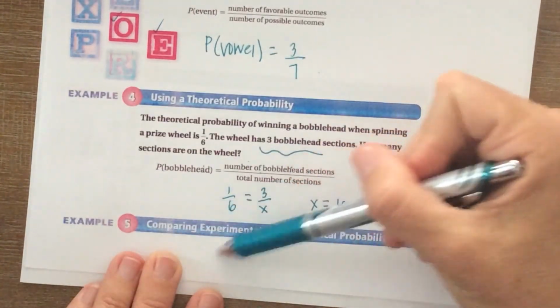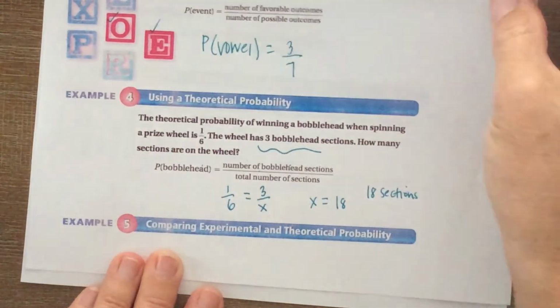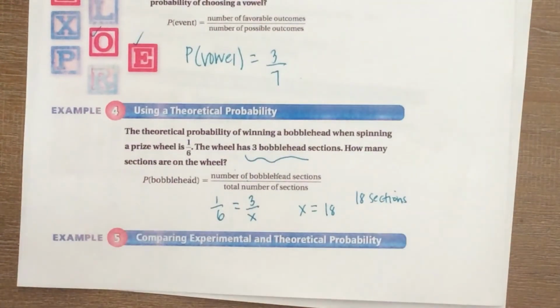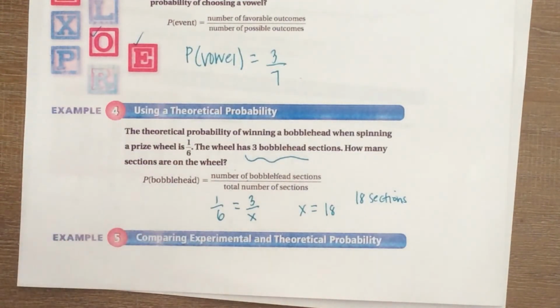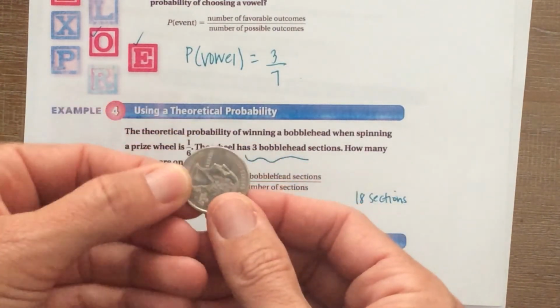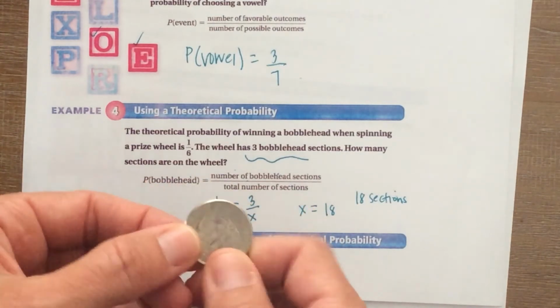All right, I don't have an example here because I've kind of been talking about this idea of comparing experimental versus theoretical probability. So if you have a coin at home, or you can even find a virtual coin or a virtual spinner, I'll give you some links in Google Classroom to kind of play around with. Conduct a little experiment, right? I know the probability of landing on heads is 50-50. I have a 1 in 2 chance.